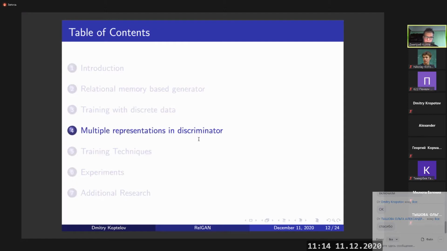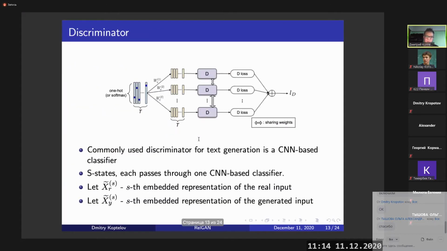Some words about the discriminator. Usually in GANs for text generation, we use a CNN-based classifier as discriminator. We also use this classifier, but we use it for S states.